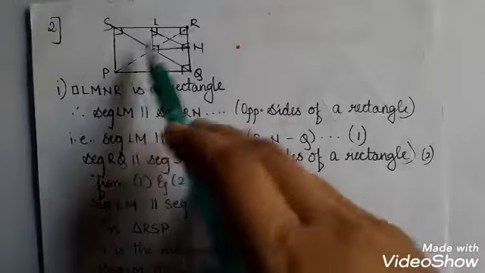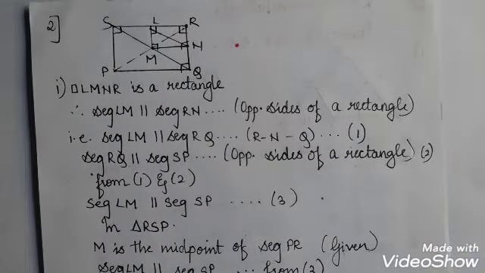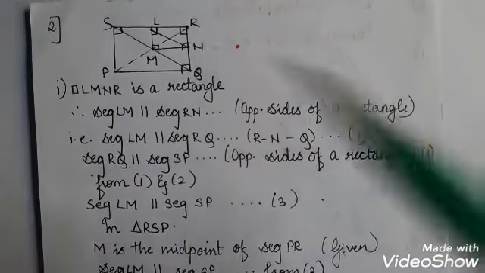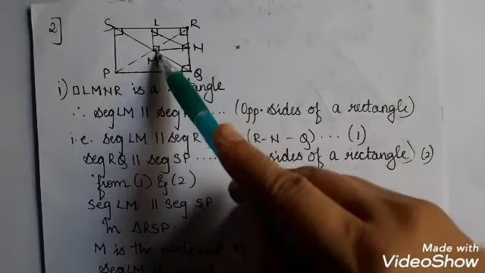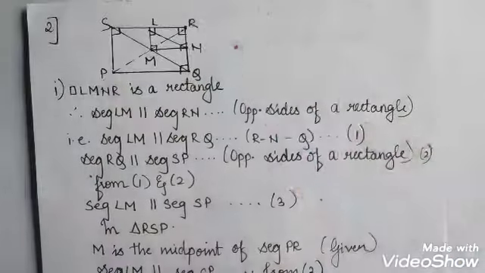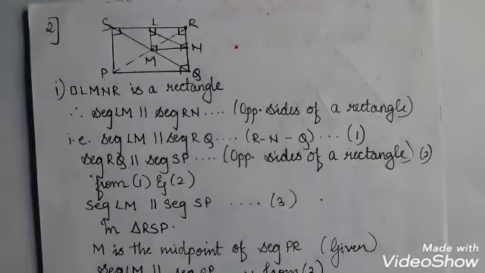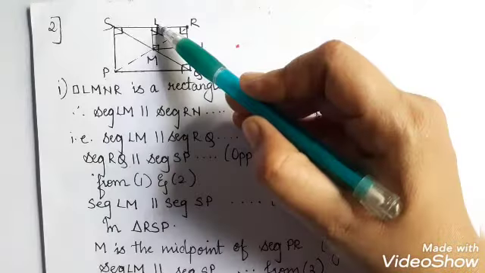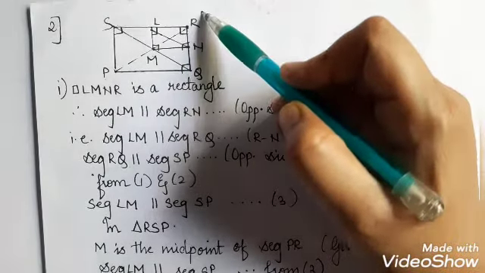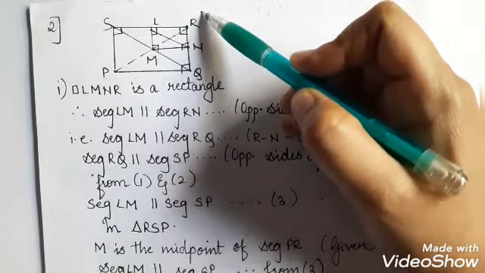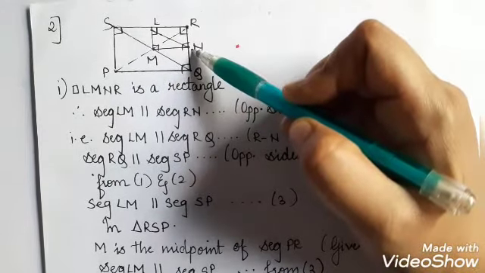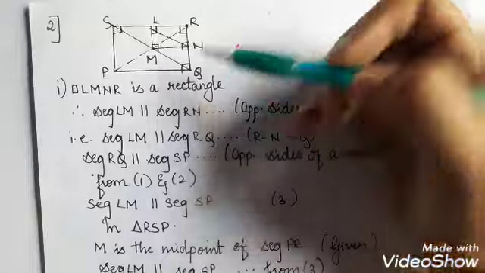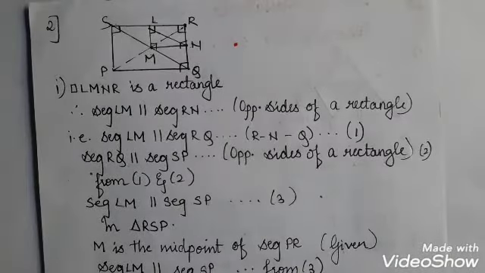Okay, there are two rectangles. If M is the midpoint of side PR, then prove that SL is equal to LR, and LN is half of SQ. That I have to prove.